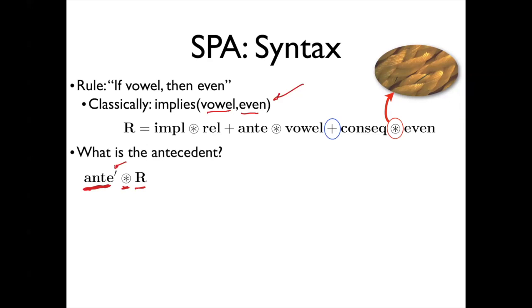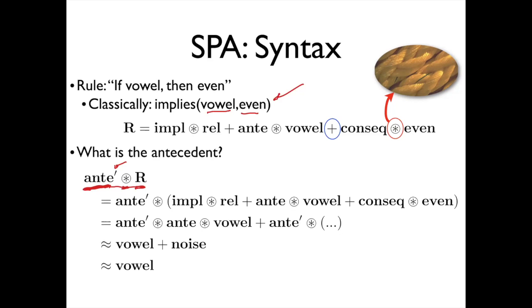So we can do algebra to understand what's going to happen when we perform this binding operation, right? Namely, we're going to bind the inverse with the original rule. So this is the original rule R. The antecedent is going to be distributed across everything in here. So antecedent is going to be bound with this, antecedent is going to be bound with that. These two antecedents, you basically got the inverse times the thing, so they're going to essentially cancel out and go to 1, right?